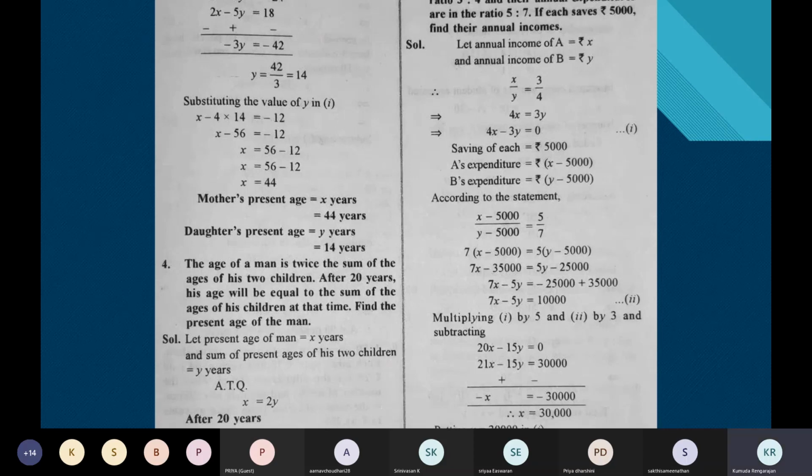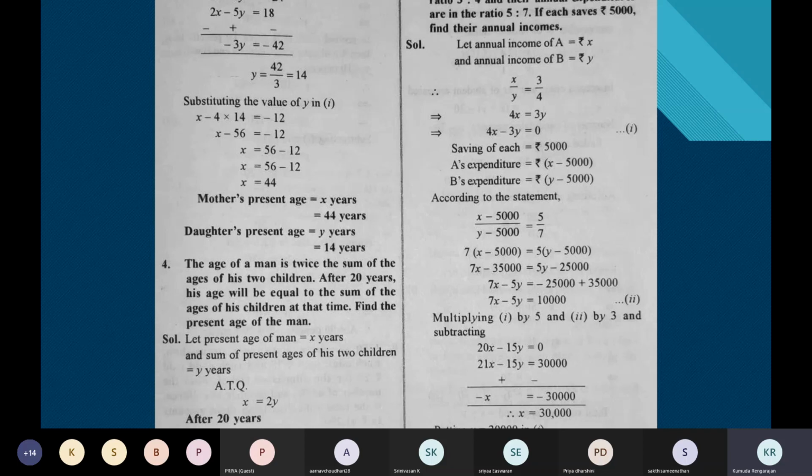Now in our example, we have two children, their ages being 13 years and 7 years. The sum of their present ages is 20. What will be the sum of their ages after 20 years?